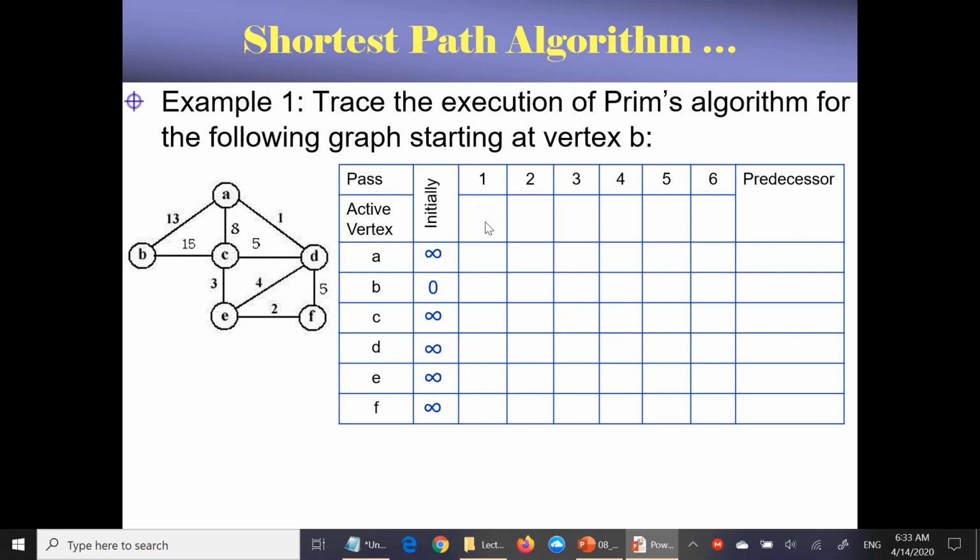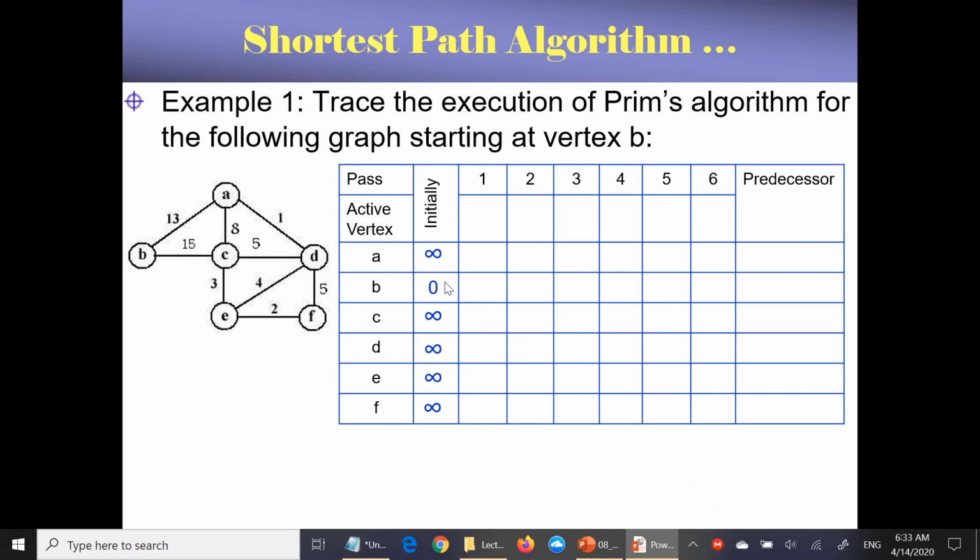And finally, positioning yourself at that active vertex and seeing where else you can reach. While you are doing that, you look at the cost. If it is smaller than the previous cost, you will update with the new cost. Otherwise, you just accept the previous one. So these are the steps we're going to be following.